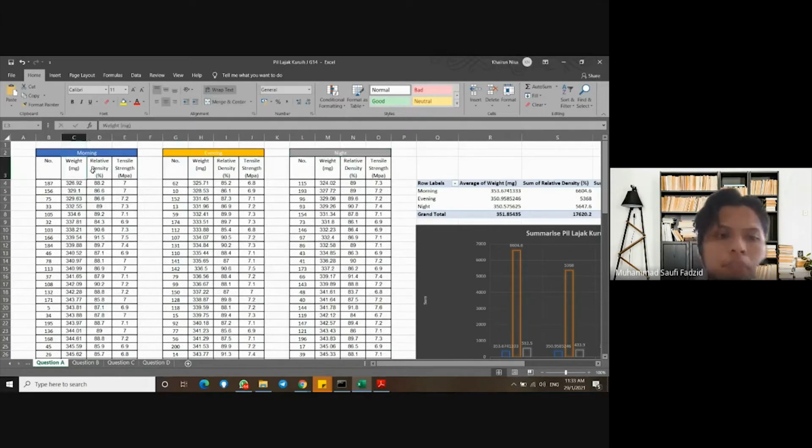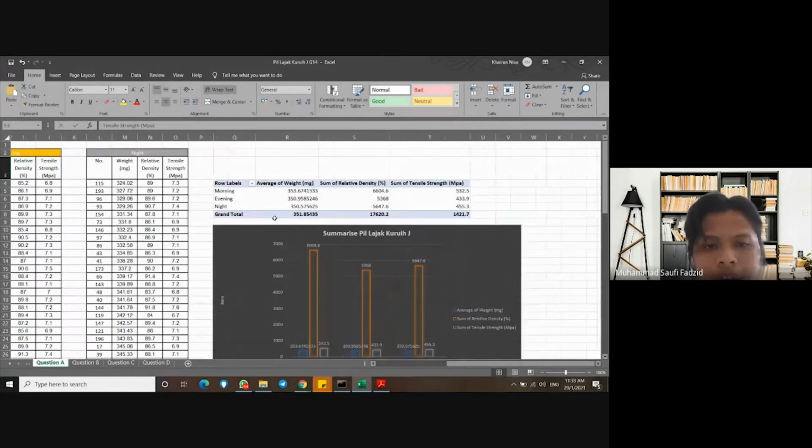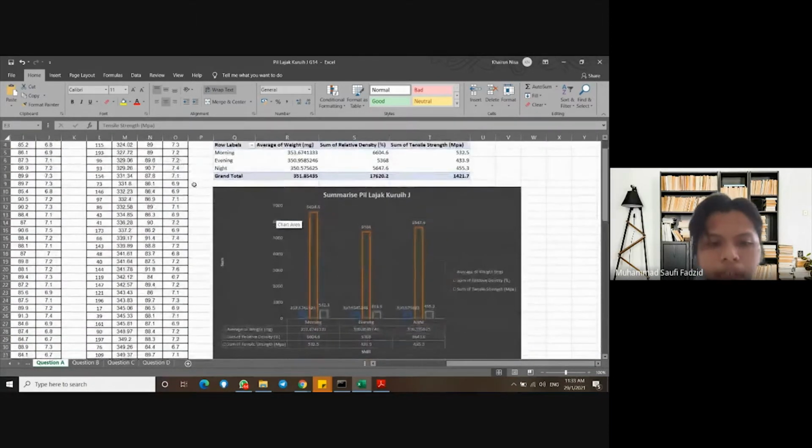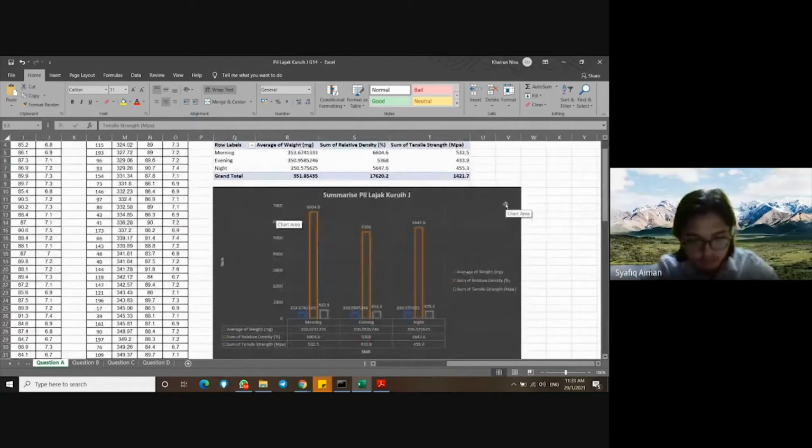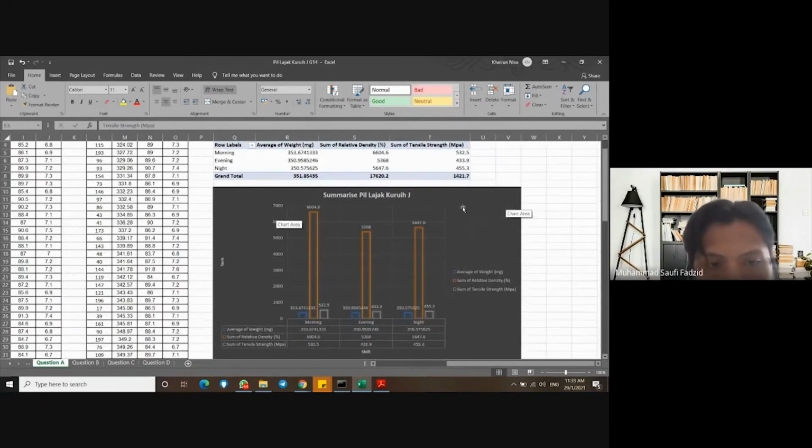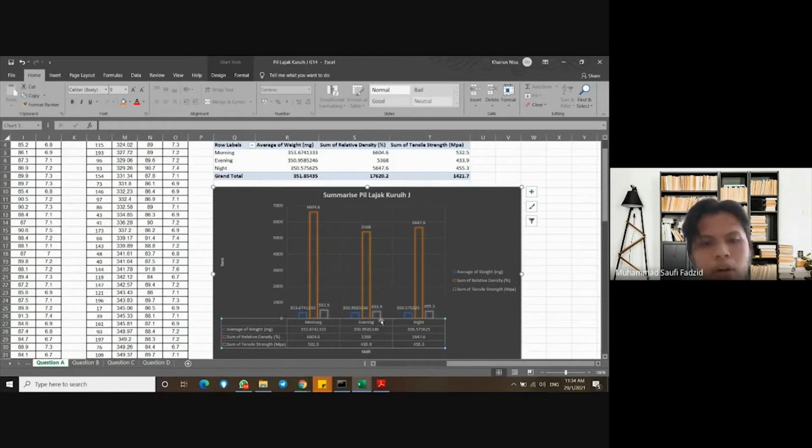From the data, we can make a graph. We use the histogram graph. For the x-axis, we have three types of shift: morning, evening, and night.